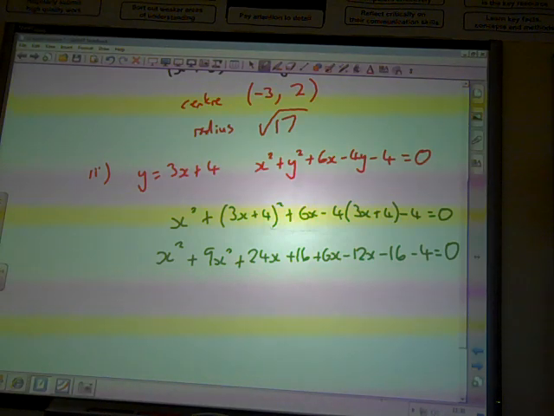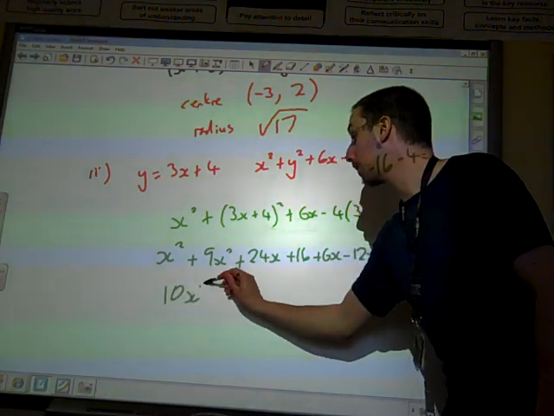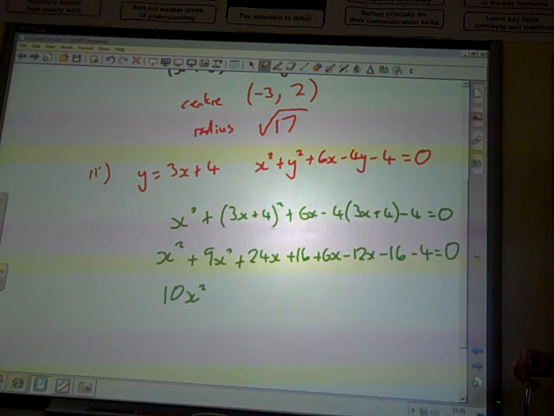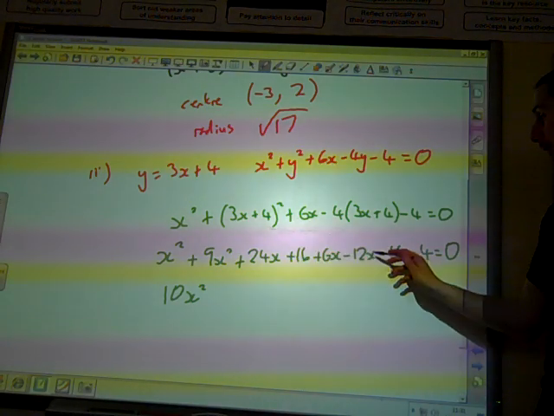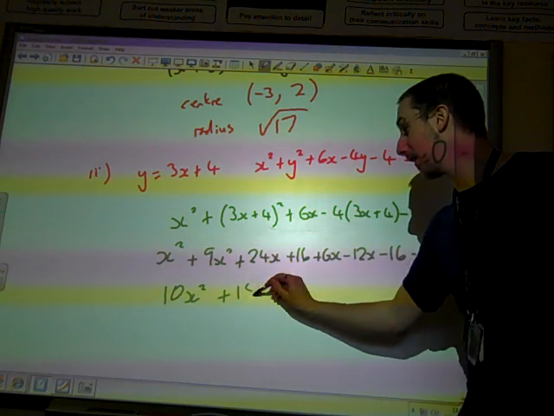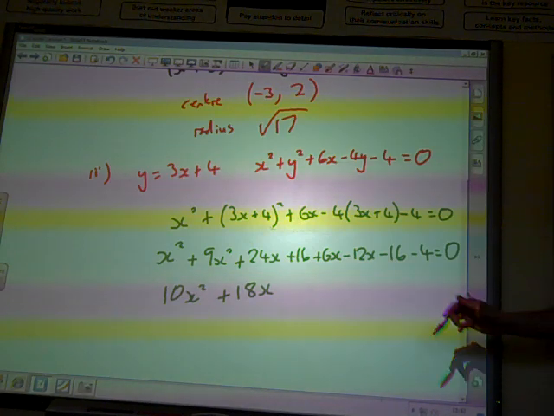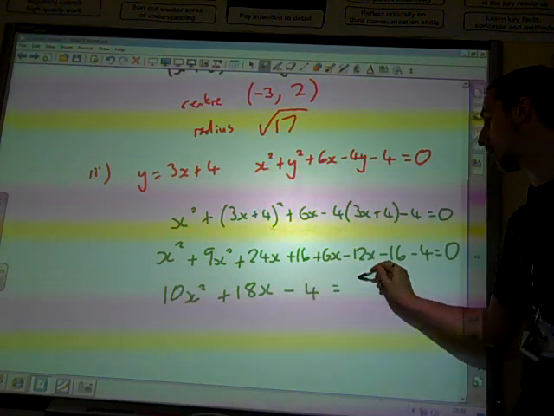Seems to. So collect together like terms. We've got 10x squared, 24 minus 12, plus the 6, that was 18x, and we seem to have a 16, and then subtract the 16, and so we've just got minus 4 there.